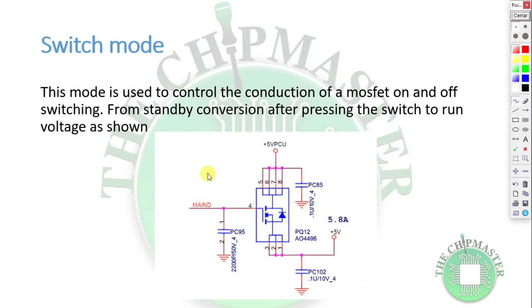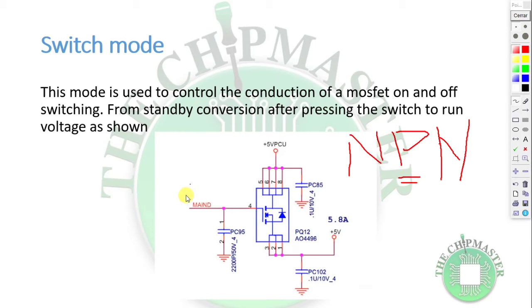When the main supply comes to the gate of this MOSFET, which is an N channel MOSFET, if you notice there's an arrow pointing in toward the gate, that indicates this is an N channel MOSFET, meaning that the gate should be positive.